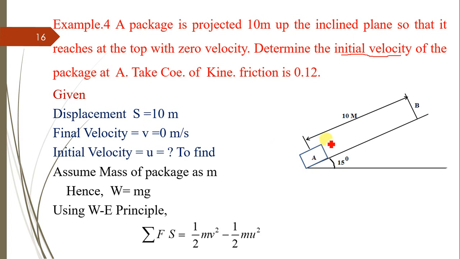So here the displacement is 10 meter, the final velocity is given as 0, and the initial velocity we have to determine. Let's say m is the mass, and therefore the weight of the package W is equal to m into g. So using the work energy principle, work done is equal to change in kinetic energy.